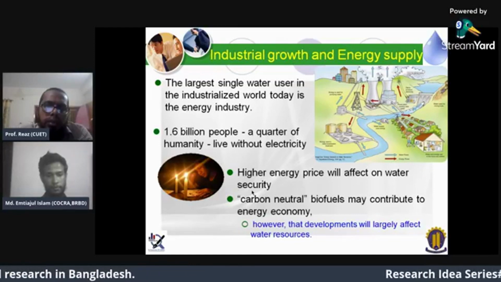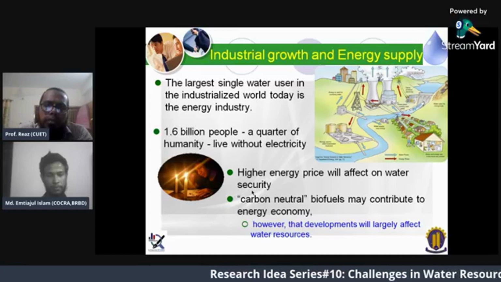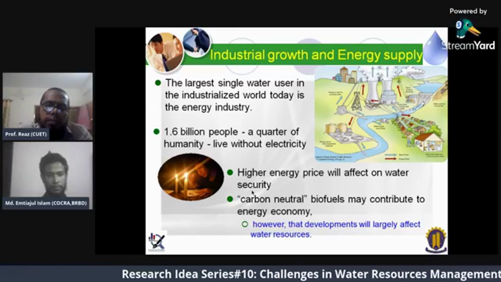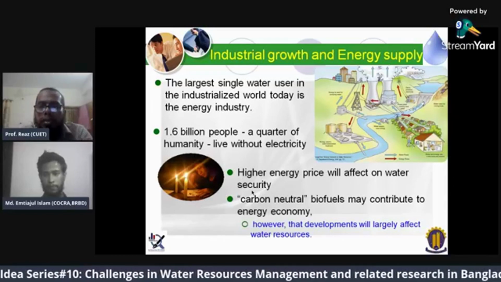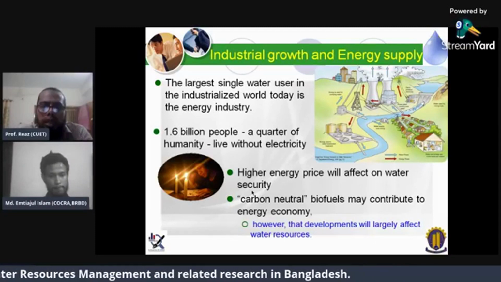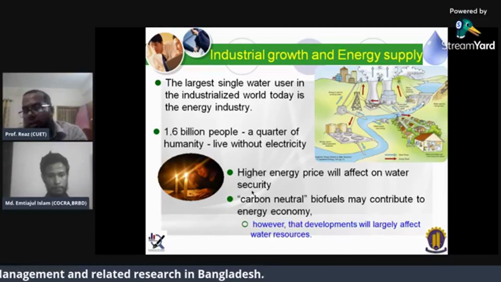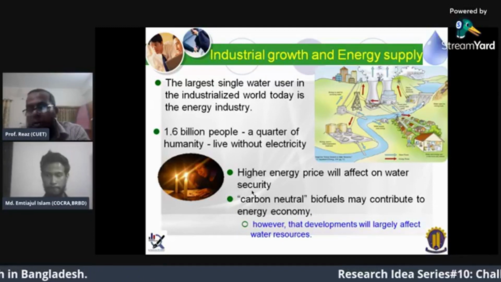And water supply is very important to produce electricity. Particularly in many countries, hydropower is the main source of energy, and that means the power is directly dependent on water. Not only hydropower, but other electricity generation sectors also depend on water supply.